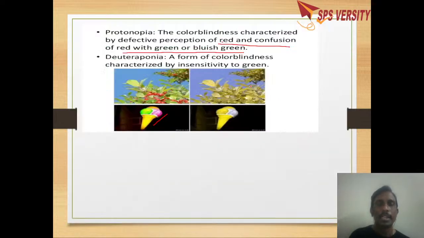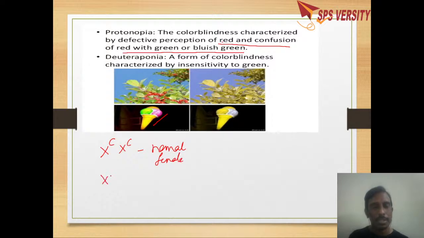While writing the genotypes for color blindness, we write X capital C, X capital C for a normal female. X capital C, X small c is a carrier female, same as hemophilia, only the letter changes. X small c, X small c is a color blind female.